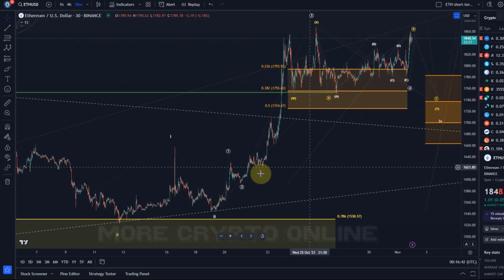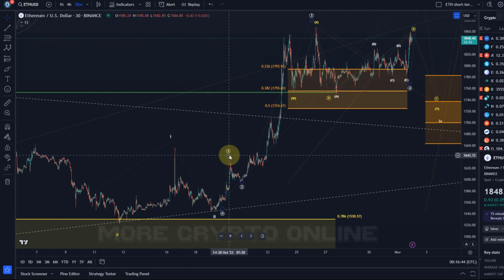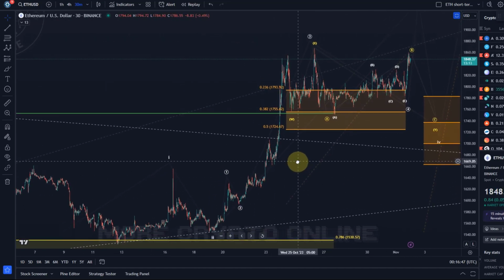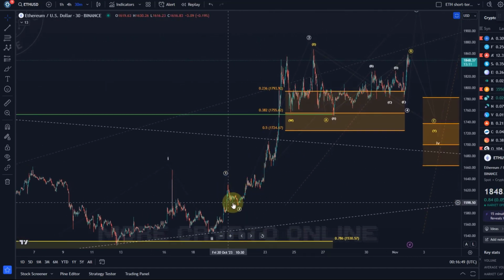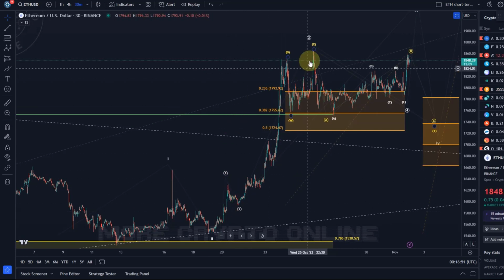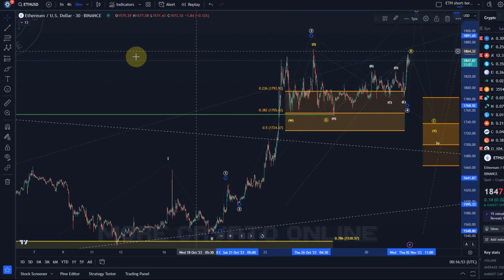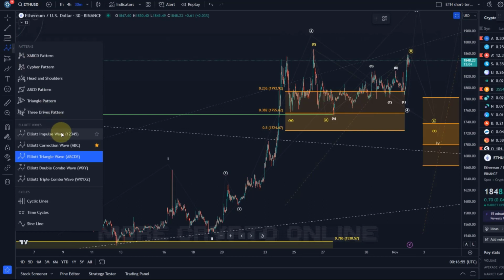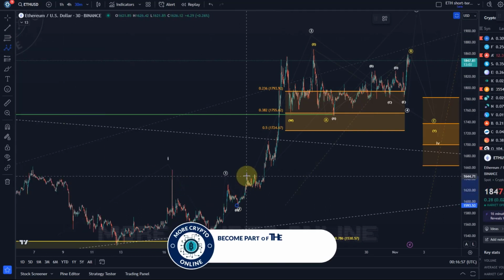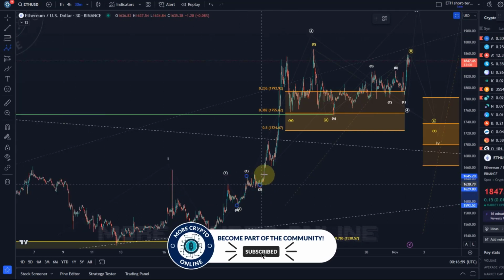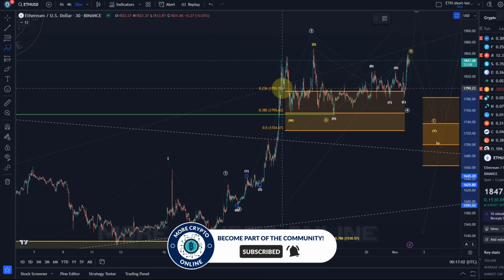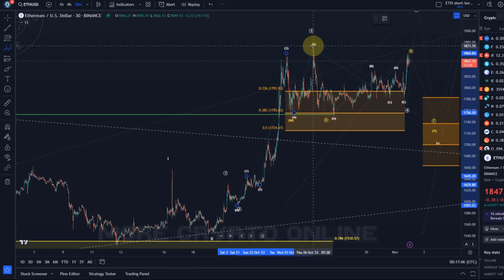The only thing is, that is quite a lot of mess down there. So it is all the way, well, I think we could count wave 3 here. I'll show you how. Because then we could have 1, 2 here. This is another 1, 2, 3, 4, 5. So this was 3, 4, 5.